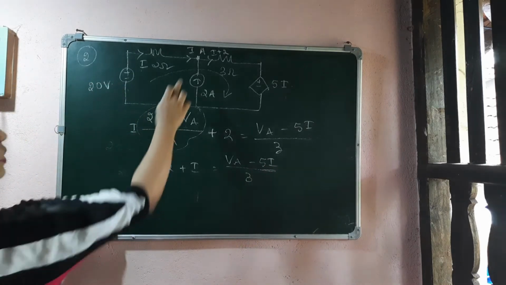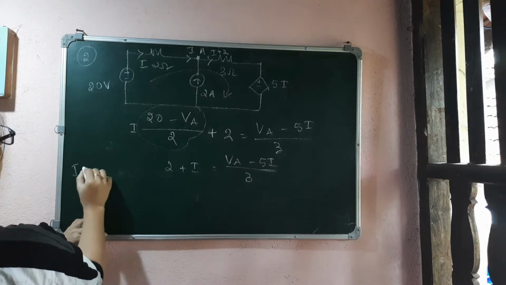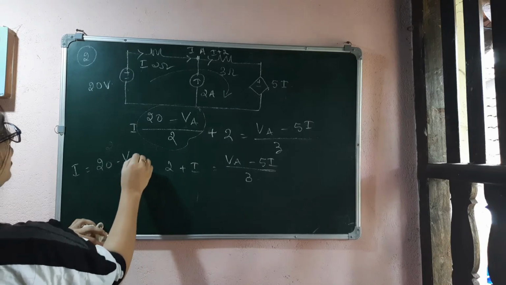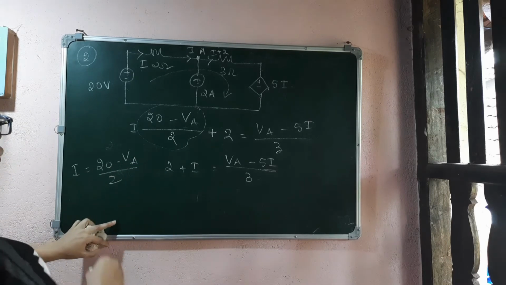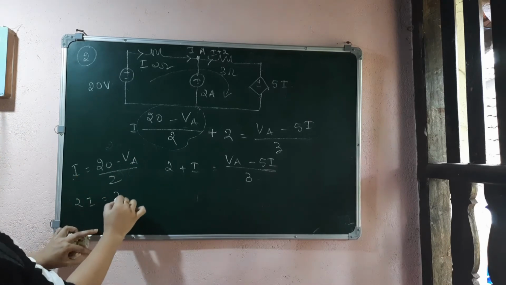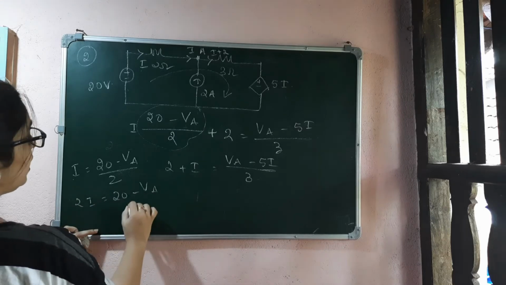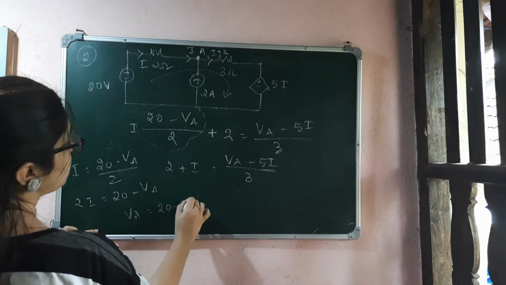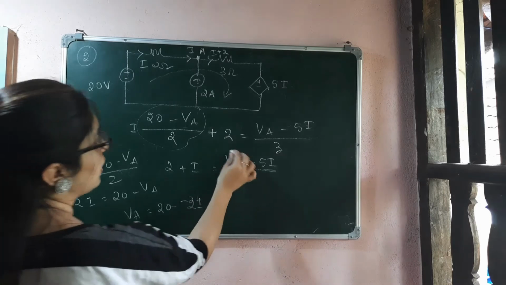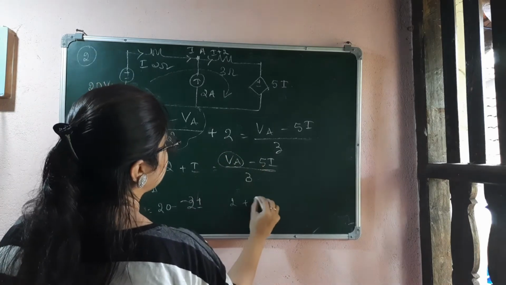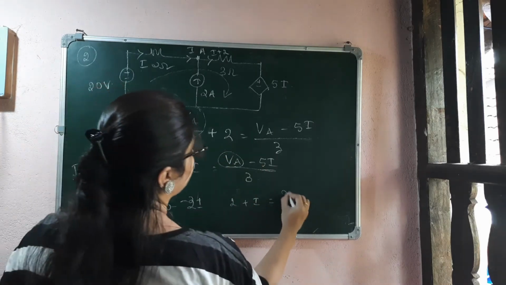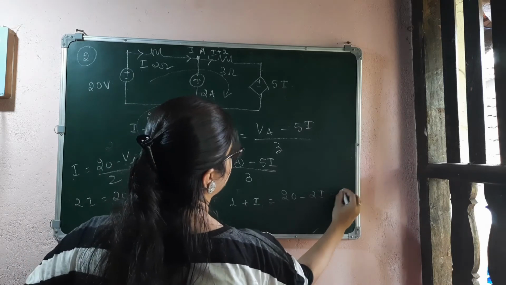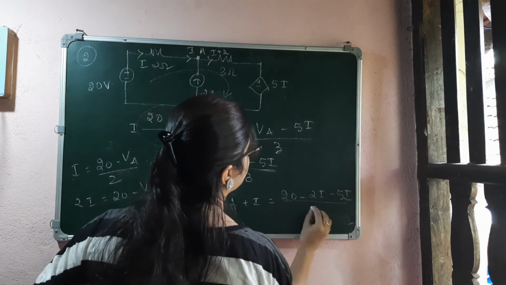Then I can write I is equal to 20 minus VA divided by 2. So 2I is equal to 20 minus VA, so VA is equal to 20 minus 2I. Okay, so I'll substitute that here: 2 plus I is equal to 20 minus 2I minus 5I divided by 3.